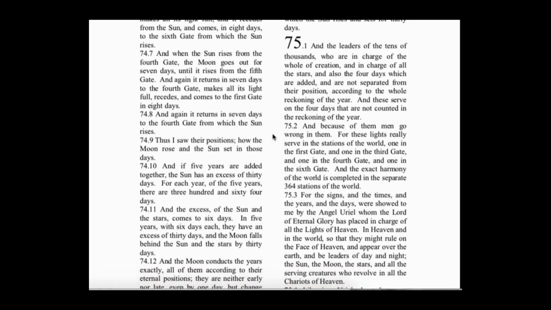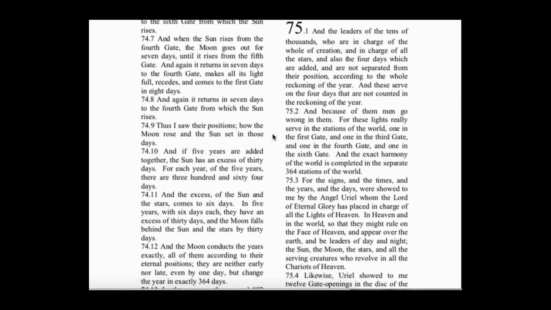Chapter 75. And the leaders of the tens of thousands who are in charge of the whole creation and in charge of all the stars, and also the 4 days which are added and are not separated from their position according to the whole reckoning of the year. And these serve on the 4 days that are not counted in the reckoning of the year.